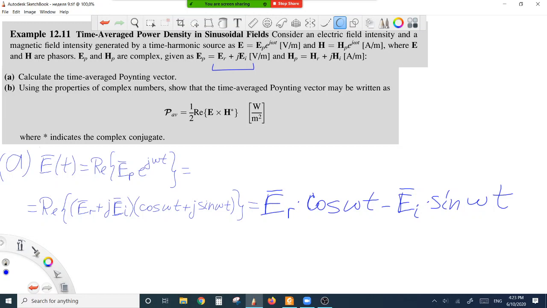Similarly, we need to compute the magnetic field intensity in time domain.